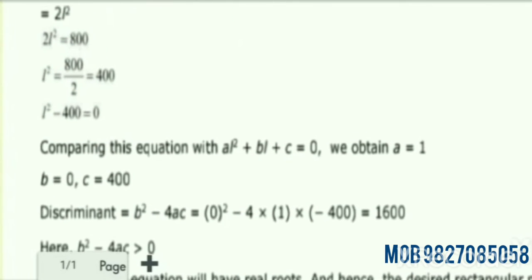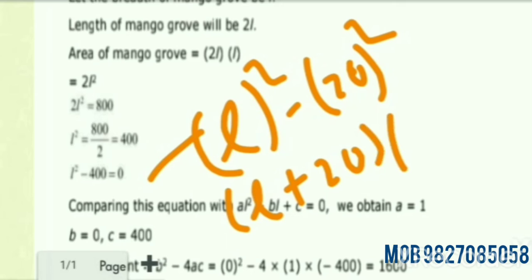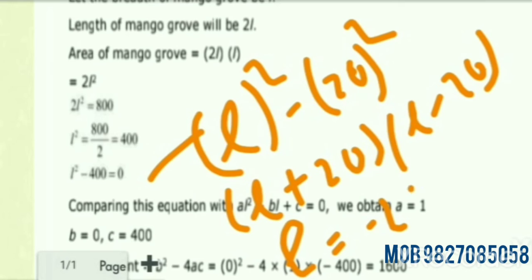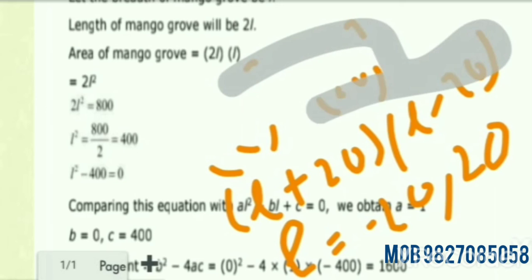Again here we can easily write L square minus 20 square. Here make an identity, so we can write (A plus B) and (A minus B), and they are equal to 0. So firstly we are getting L is equal to minus 20 and plus 20. Okay, so this is the value of L.